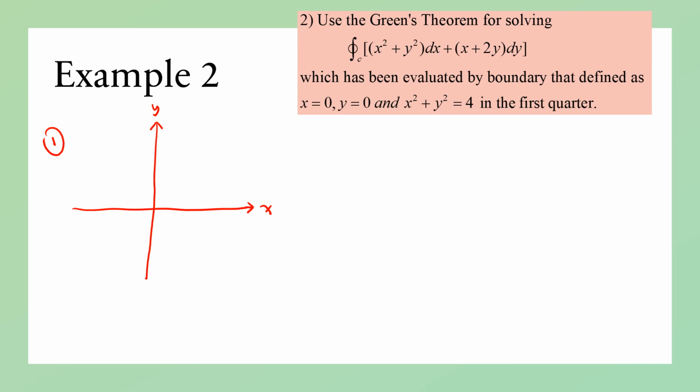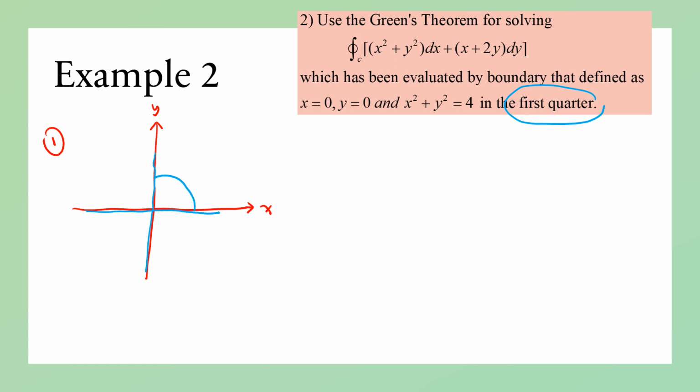So the question gives you x equal to 0, so this is x equal to 0 and y equal to 0, and also x squared plus y squared equal to 4 is a circle, but the question states that this is in the first quarter. So the circle in the first quarter is like this.